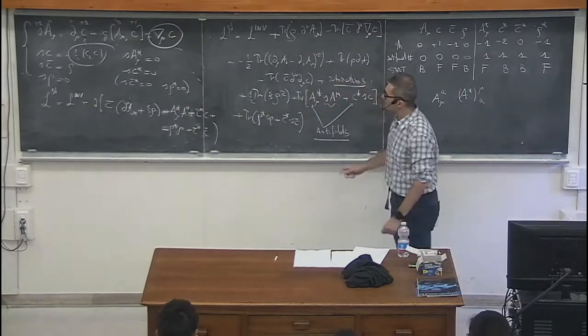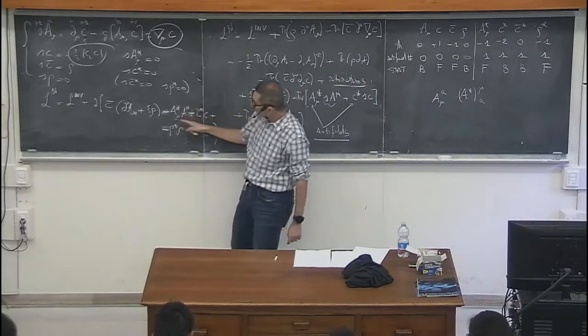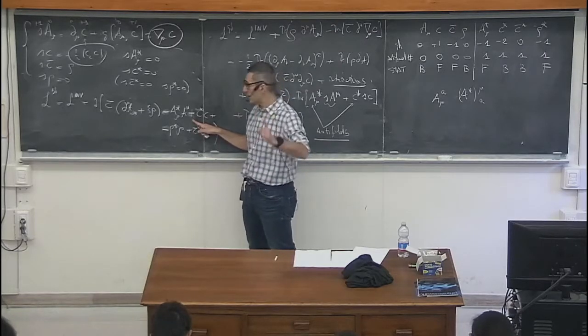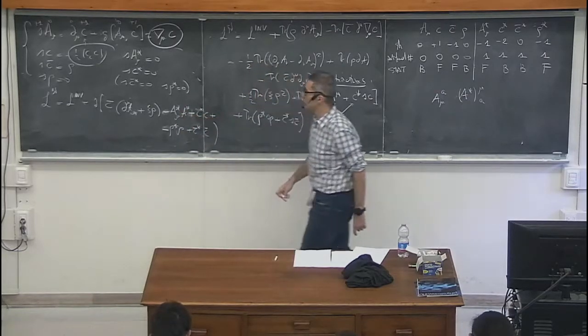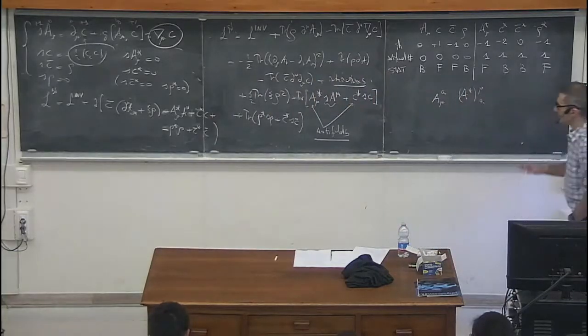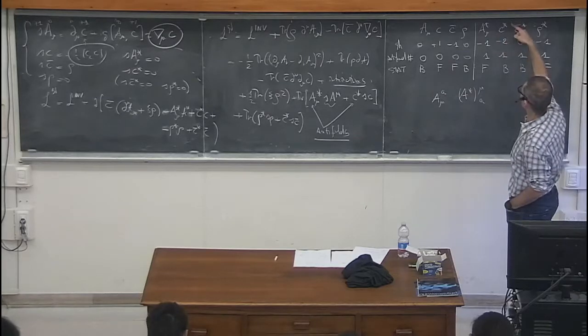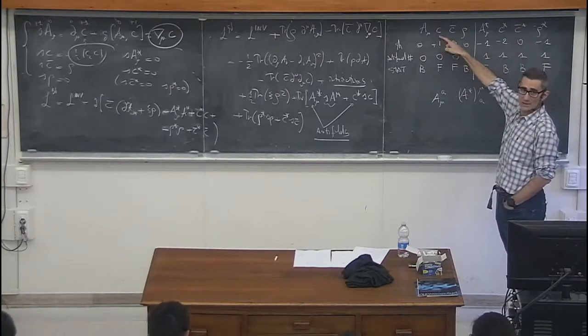So there is no metric involved in this expression, neither in the Lie algebra nor in the vector indices. The same thing happens for C star, which has exactly the opposite indices of C, and so on and so forth.